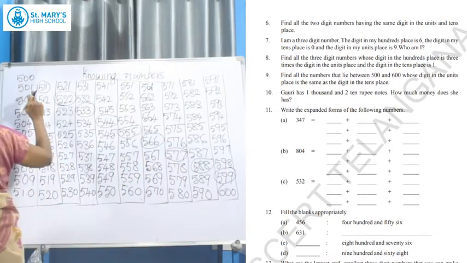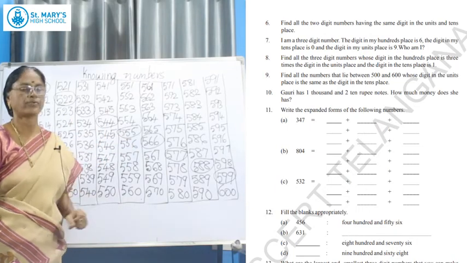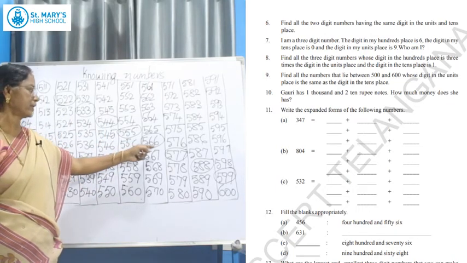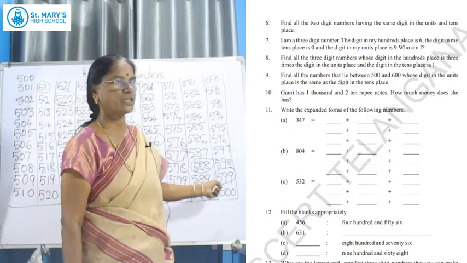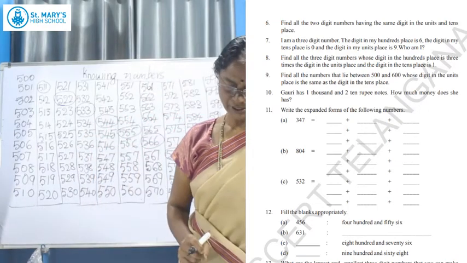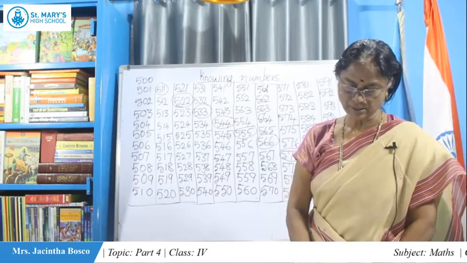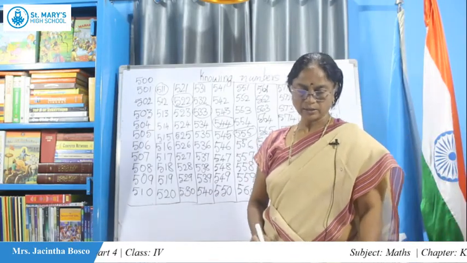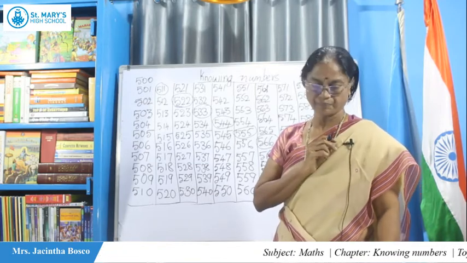All these numbers you write down. 511, 522, 533, 544, 555, 566, 577, 588, 599 are the numbers which have the same digit in the units place and in the tens place. That is the answer. Okay.